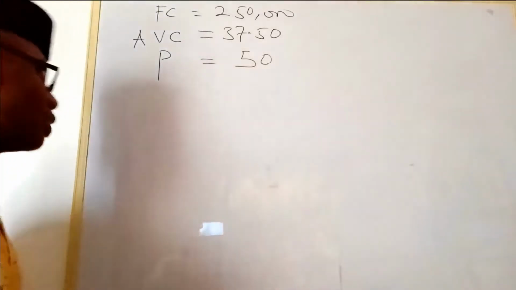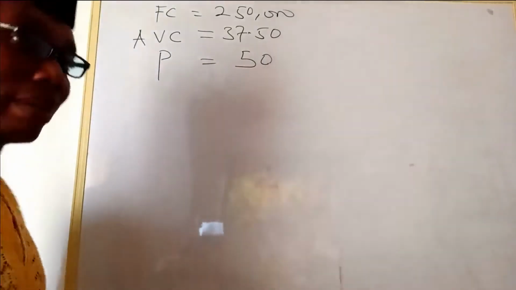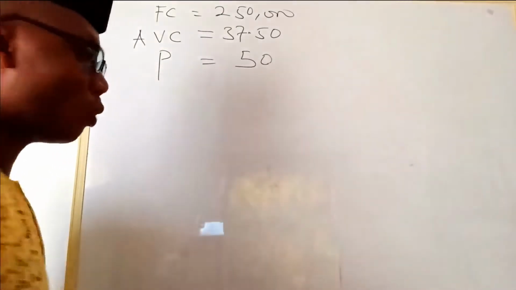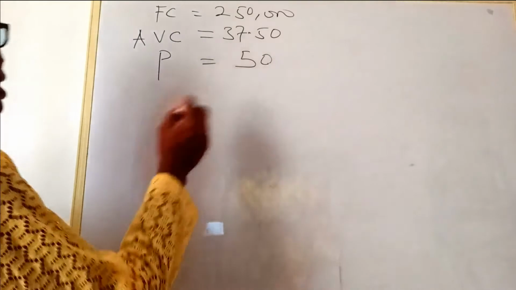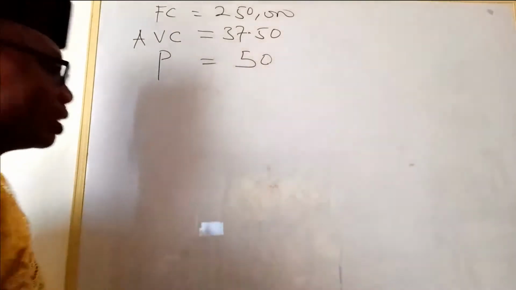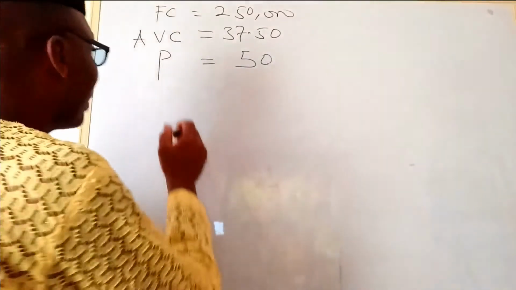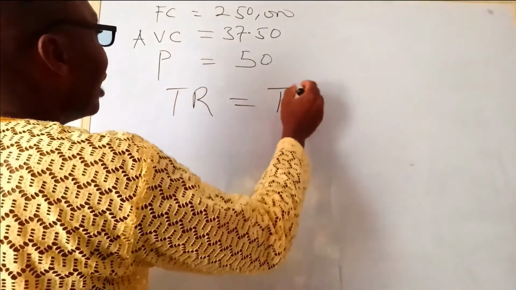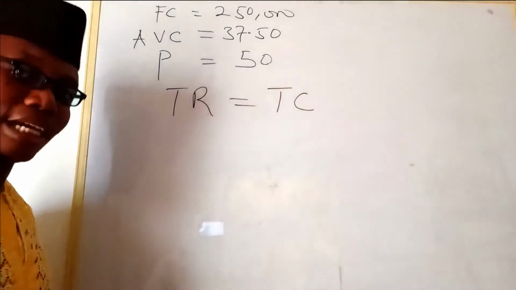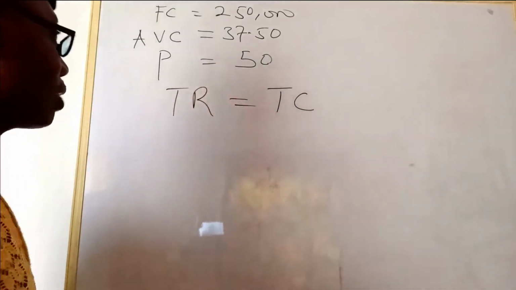So, based on the formula we talked about just now, the quantity at which they can produce and not make losses is when equilibrium is established. At equilibrium, total revenue equals total cost. Like I just said, total revenue equals total cost.